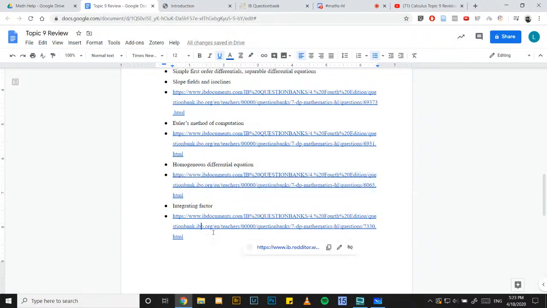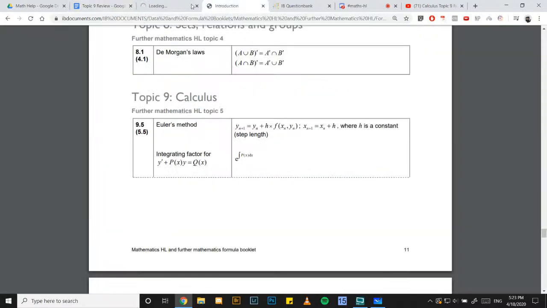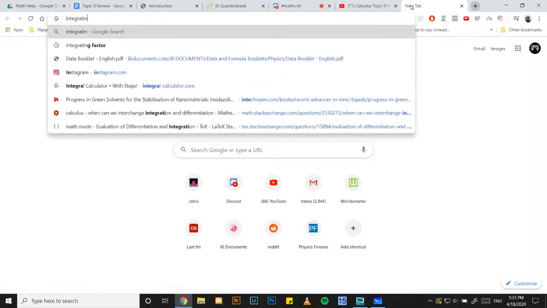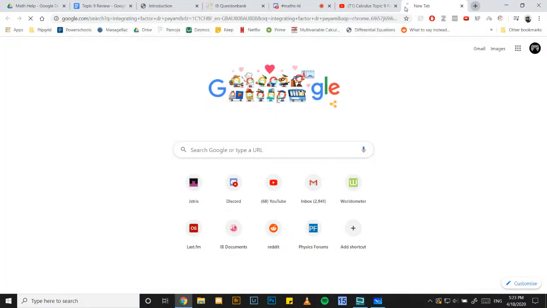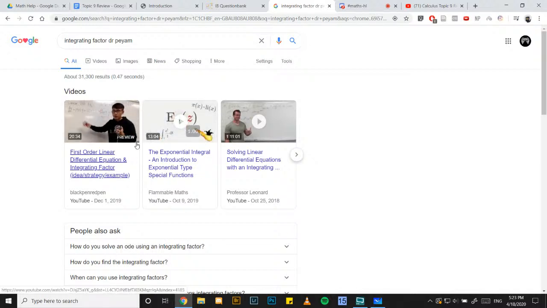Final differential equation technique, before I go back to slope fields and isoclines real quick, I'm just going to look at the integrating factor and explain what that is. Again, there's a really good video behind how the integrating factor works, so I'm going to link that, but I'm also going to go over it really quickly over here.